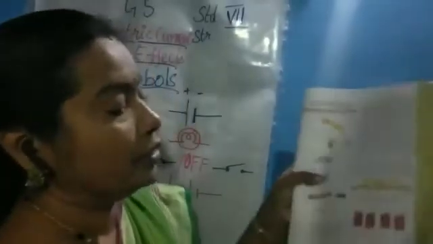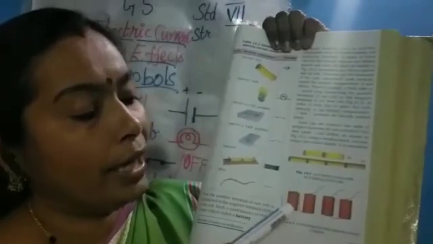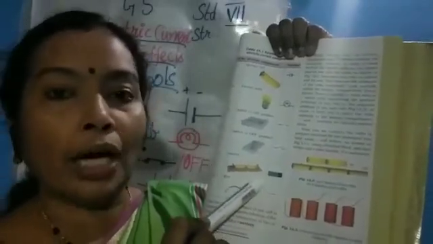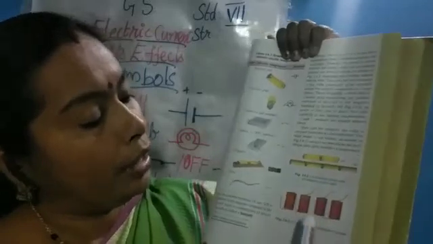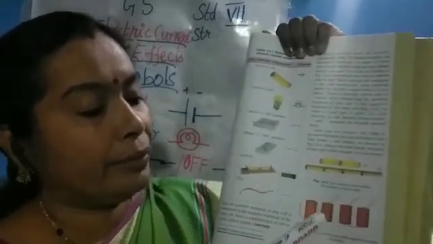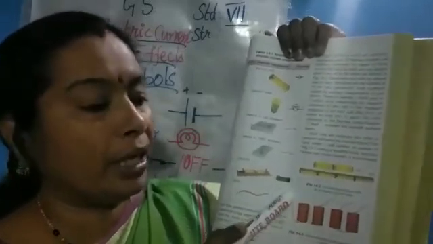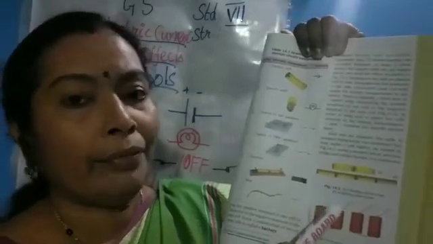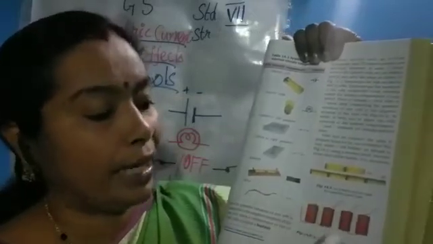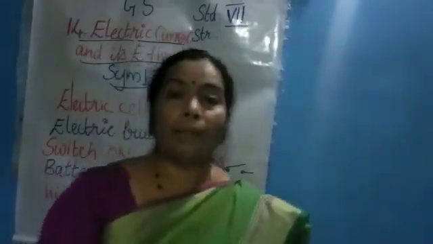Like that, it is shown in your textbook. See, this picture may be a clear one. From the negative terminal, it is connected to the positive terminal. Like that, the batteries are connected.